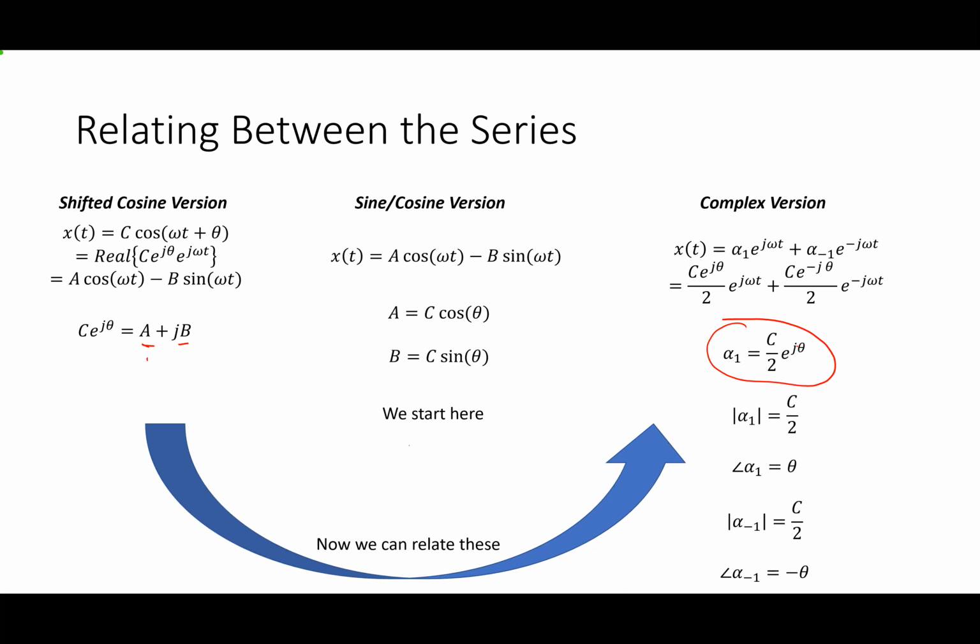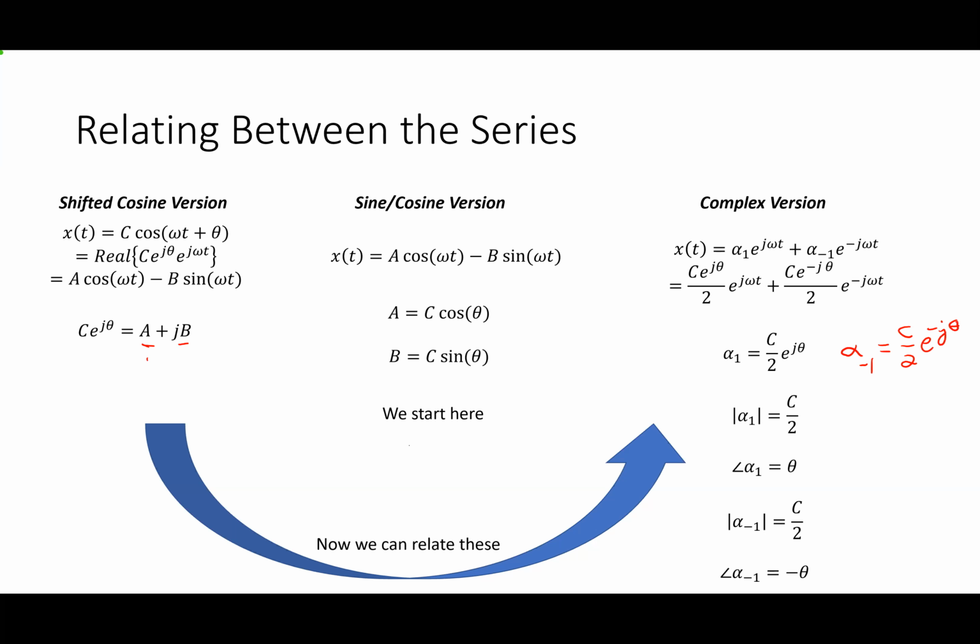And alpha minus 1 would be the same thing except what? What's the only difference for alpha minus 1? What would alpha minus 1 look like? It's C over 2 e to the negative j theta. What's its relationship to alpha 1?